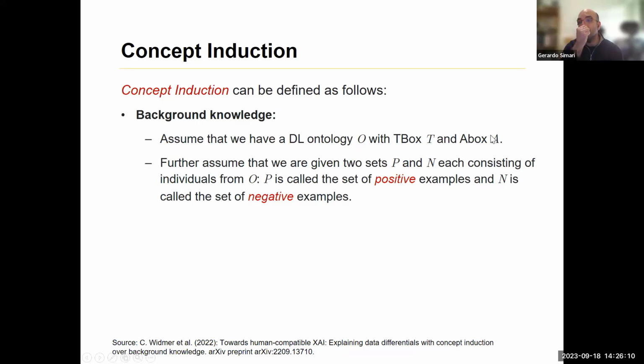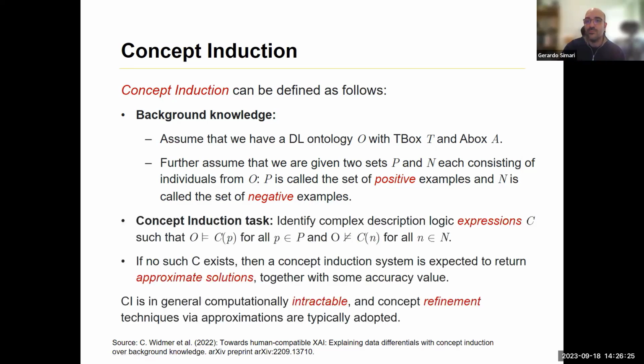And they further assume that they're given two sets, P and N, consisting of individuals from the ontology. P is essentially the set of positive examples, and N is the set of negative examples. What the concept induction task is looking to accomplish is to identify sufficiently complex description logic expressions that are modeled by the ontology for all the individuals in the positive examples, and are not modeled for all the individuals in the negative examples.